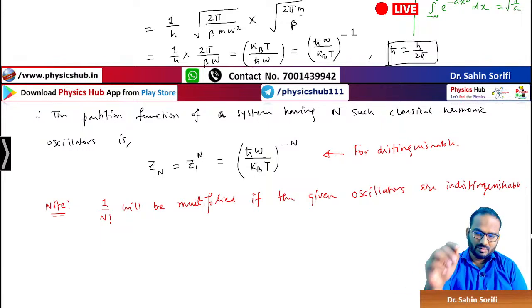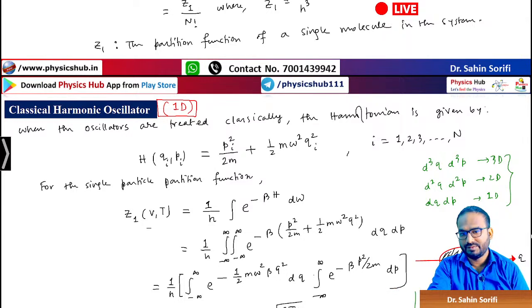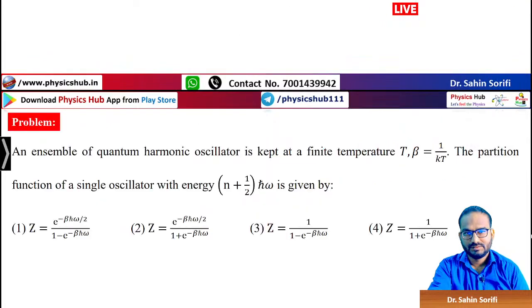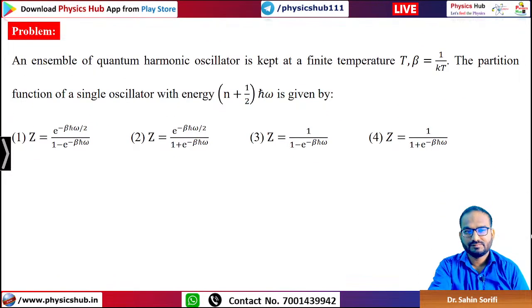Let's take this same oscillator, but now instead of classical we are giving you a quantum harmonic oscillator. How will you deal with it? So this is the problem. I have just kept them one before another, just so that you can distinguish.